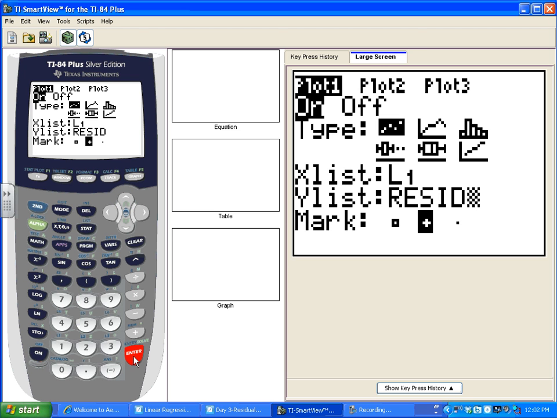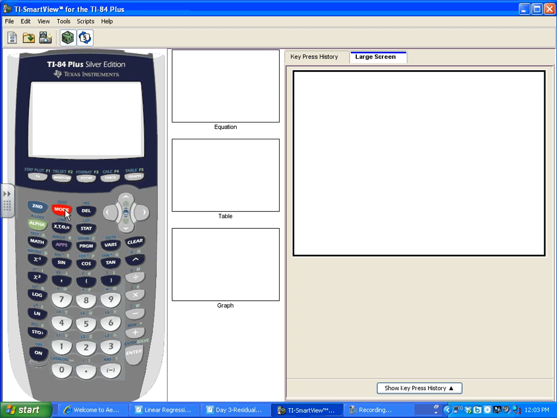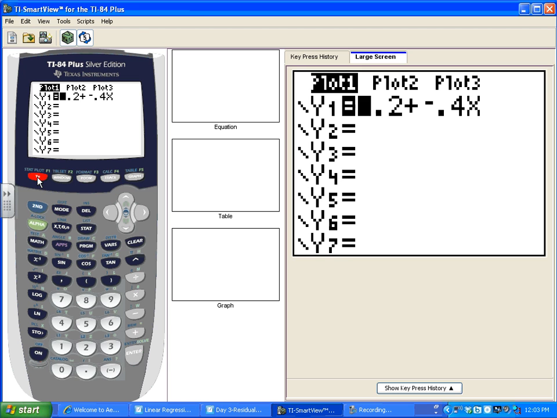So, your X list is list 1. Your Y list is now your residuals. Have the marks be whatever you want the marks to be. We will need to exit out. Personally, I'm going to clear my line of best fit. I don't want my line of best fit going through the middle of my residual plot. That will make it look messy, yes.